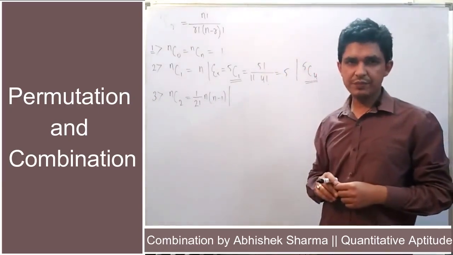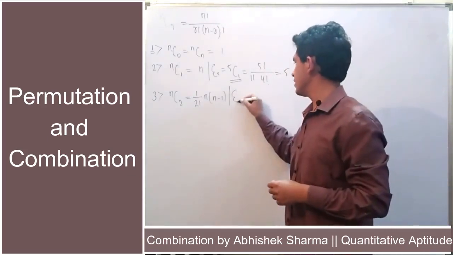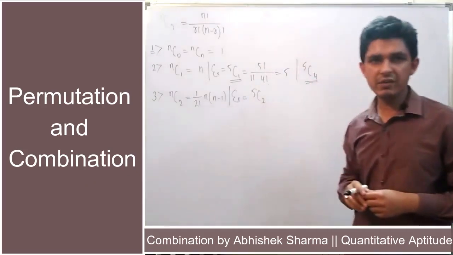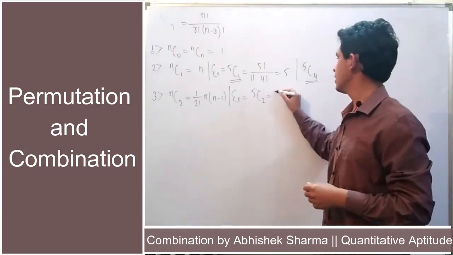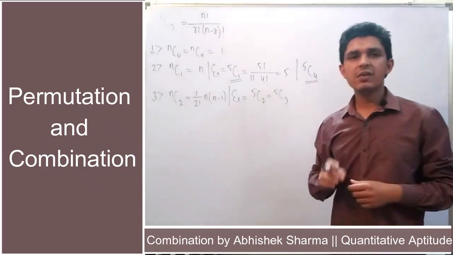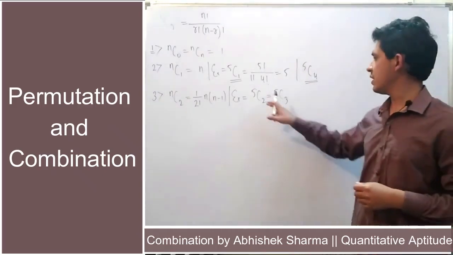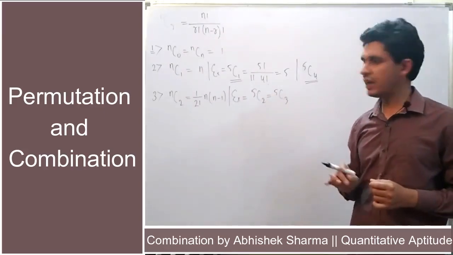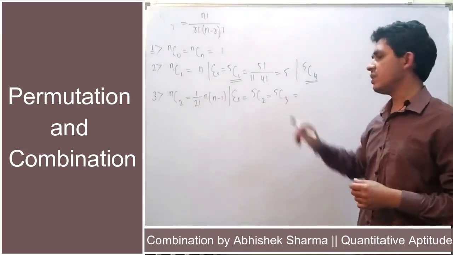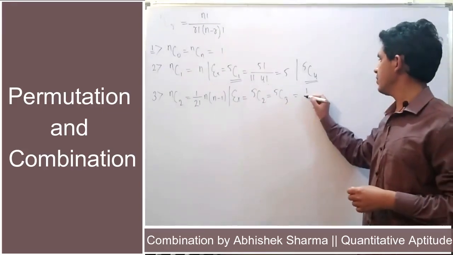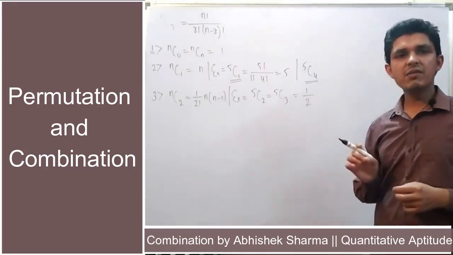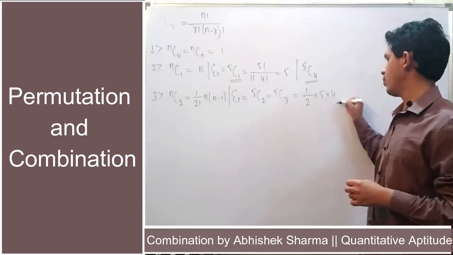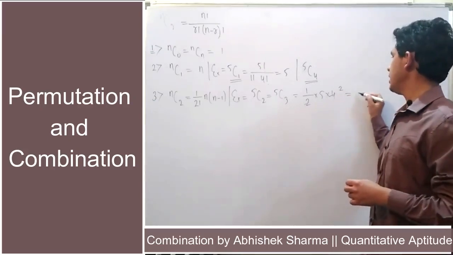You can apply this shortcut. For example, if you have to select 2 things out of 5, or 3 things out of 5, the first thing to understand is that the value of 5C2 and 5C3 is the same. So what will be the value of 5C2? It will be 1 by 2, because the value of factorial 2 is 2, multiplied by 5 multiplied by 4, and the value will be 10.